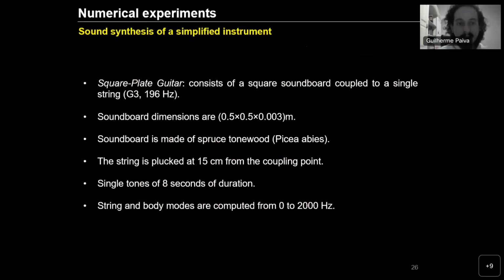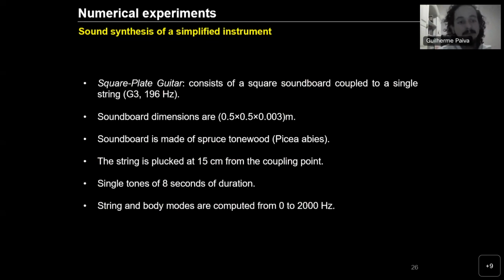The simplified instrument we called a square plate guitar. It consists of a square soundboard coupled to a single string. It's a G3 string. The sides of the soundboard of this guitar have 0.5 meters and its thickness is 3 millimeters.